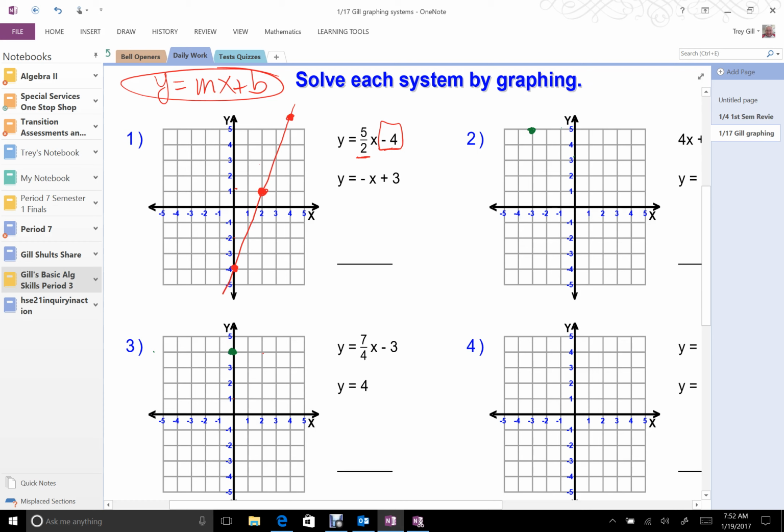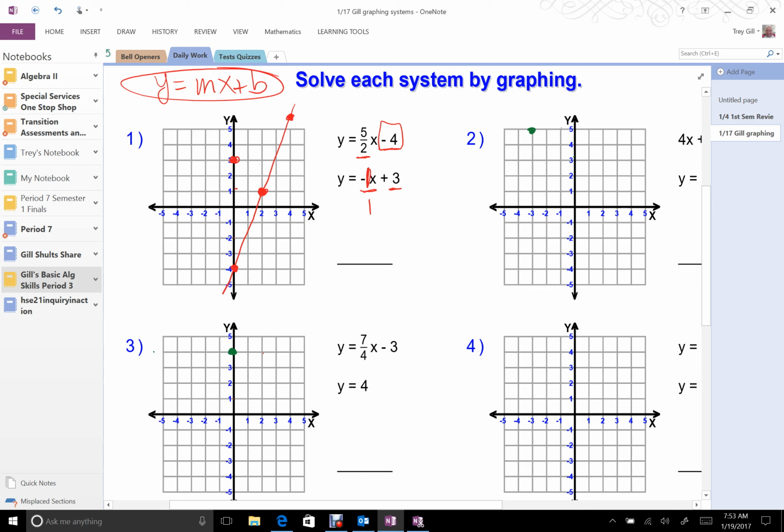Now we go to our second equation. Our y-intercept is 3, so we're going to count up to 3 and put a dot. In this case, our slope is -1. There's an invisible 1 right there. Anytime we have a number with nothing underneath it, it's an implied 1, so this is actually a slope of -1 over 1.